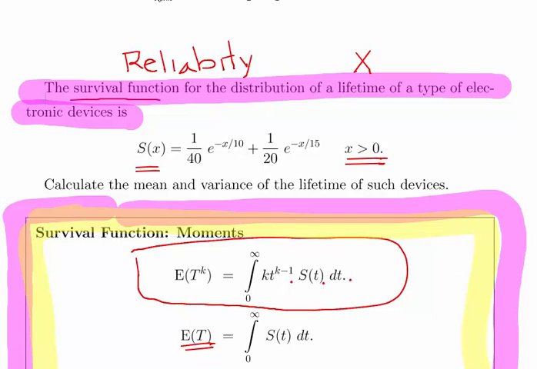They always seem to take this format, e to the minus x over 15, partly because that's essentially the only format that makes sense for these questions. If it was e to the plus x over 15, it wouldn't make any sense. It'd be just crazy.